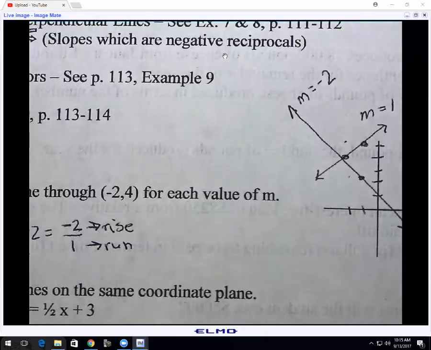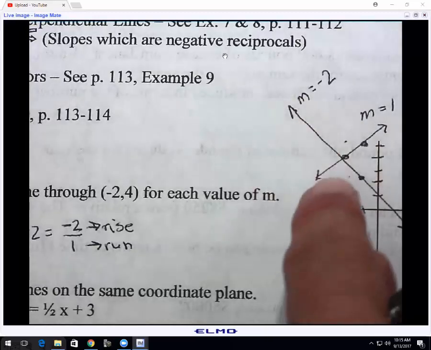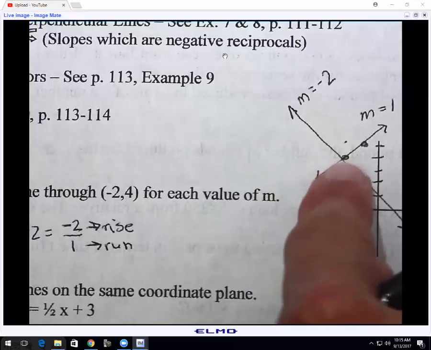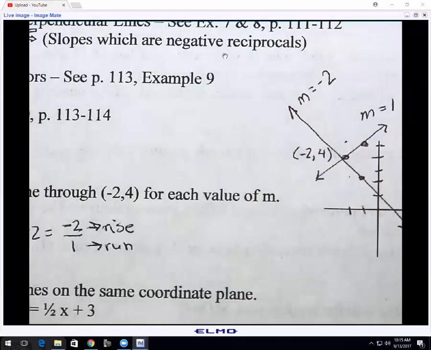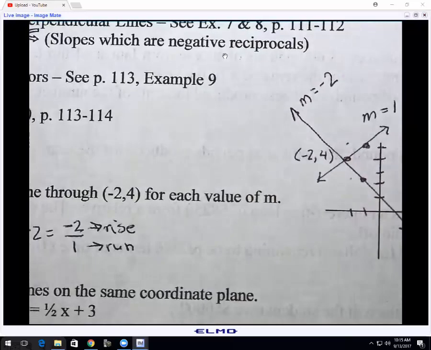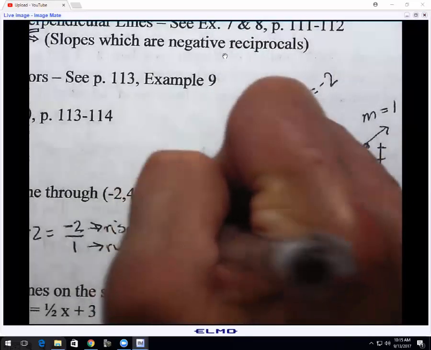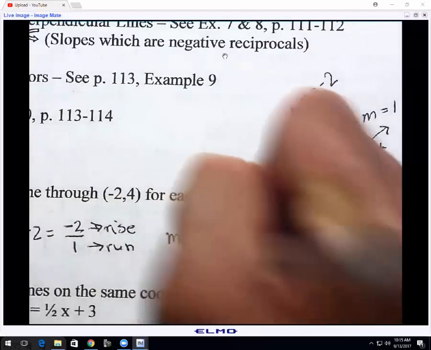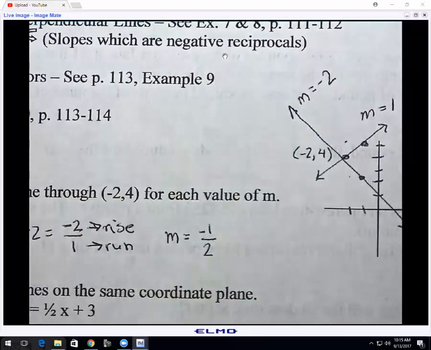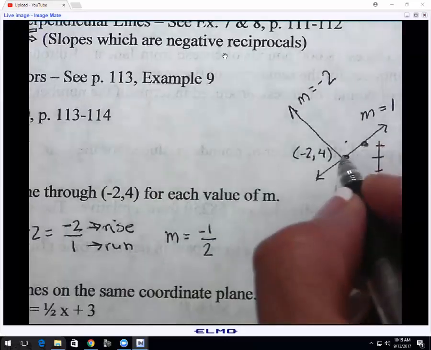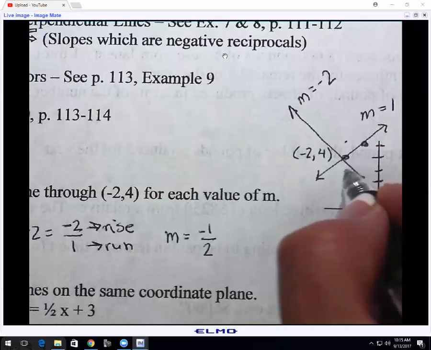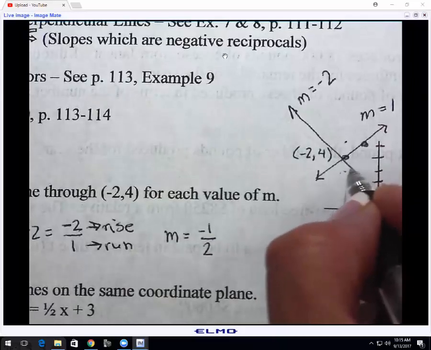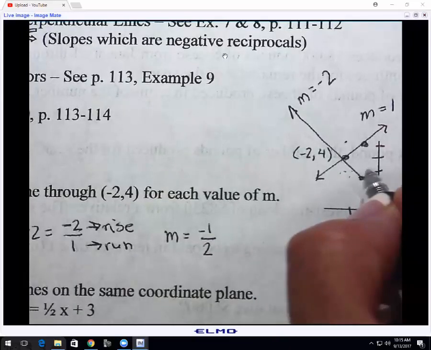And I'm going to go through that same point one more time, -2, 4. But I want a line with a slope of -1/2. That's -1 over +2. So I'm going to start at -2, 4 and do what? Down 1 and to the right 2.